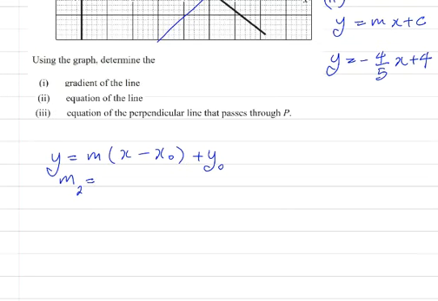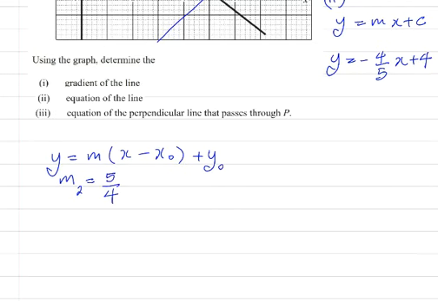Now, if I know the gradient of a line and I wish to find the gradient of all lines which are perpendicular to that line, I must invert the gradient of the given line and change its sign. So since this line is perpendicular to the original line, the gradient of this line is 5 over 4.